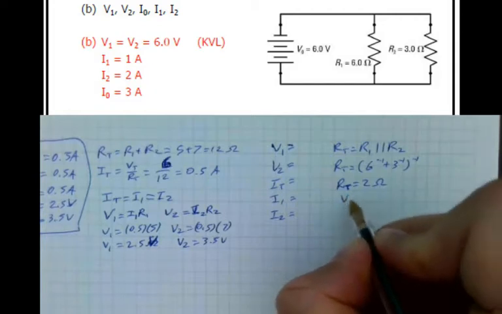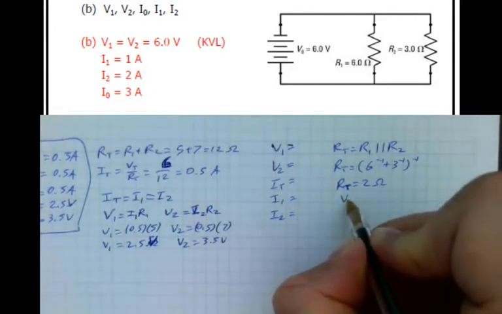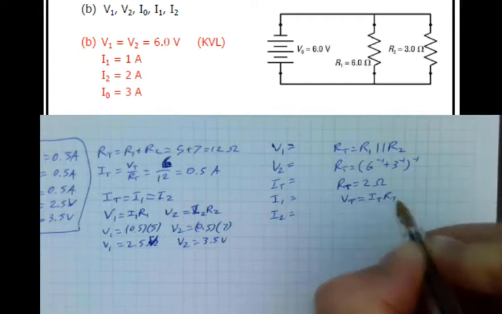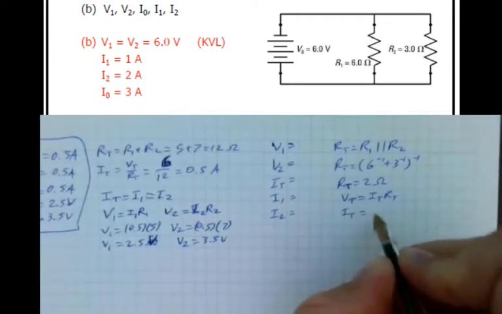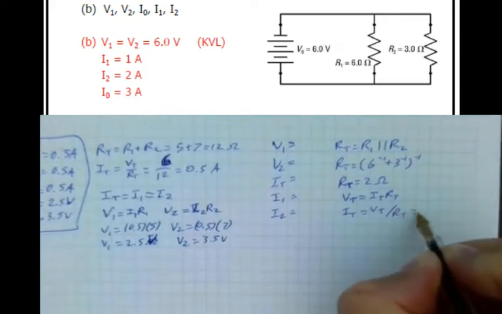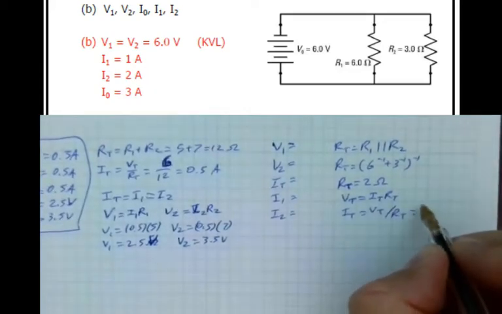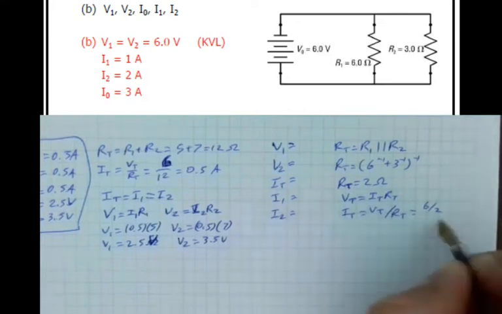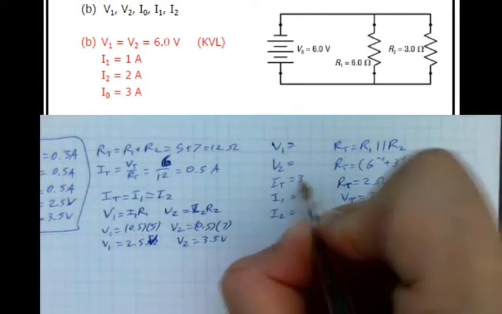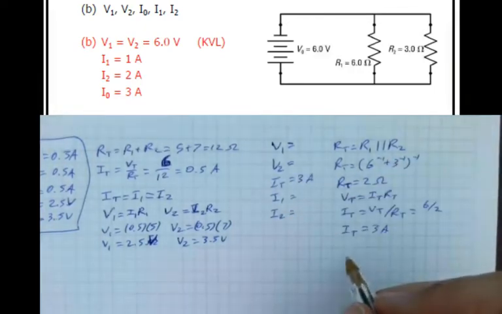Now that we know the RT, we can find our IT, and that's equal to VT over RT, 6 over 2. So our IT is 3 amps. That 3 amps is going to have to split across branch 1 and branch 2.